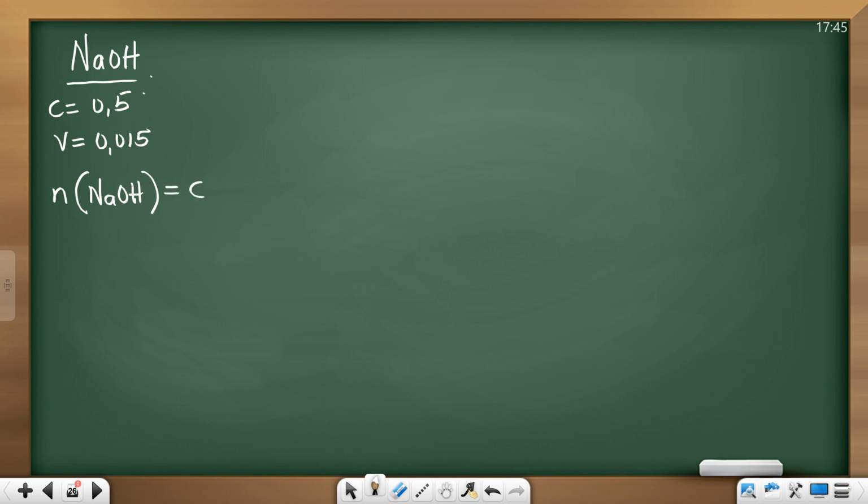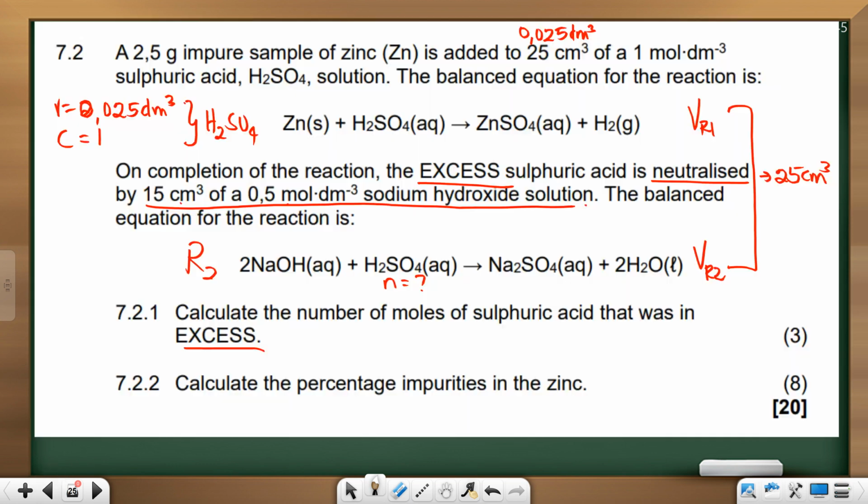What's your formula? n equals CV. What is this? 0.5 times 0.015. What's your answer? Moles of which compound? But is this what I'm looking for? No. How do I get the number of moles here? How do I convert this number of moles to that? Mole ratio.